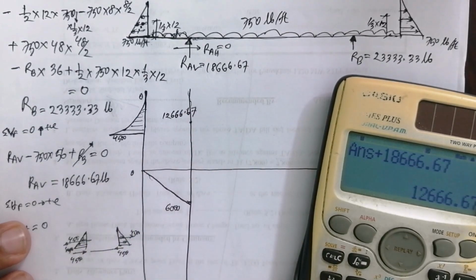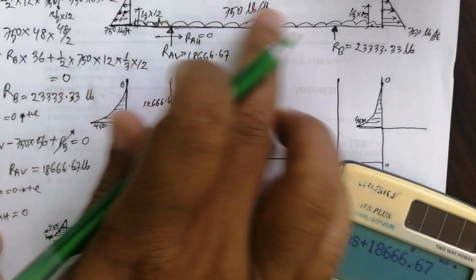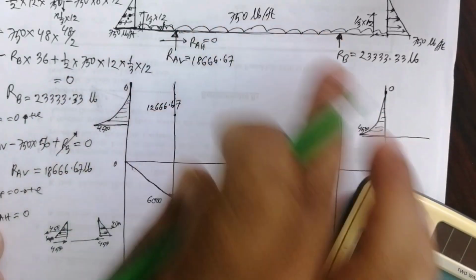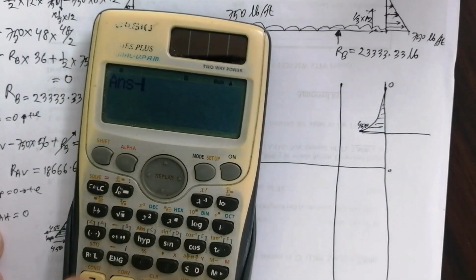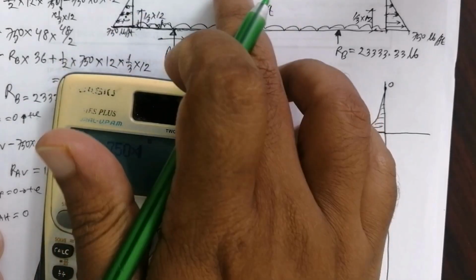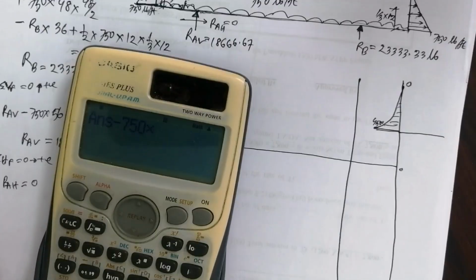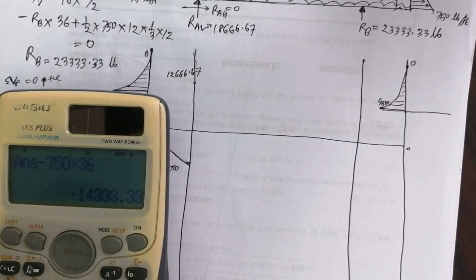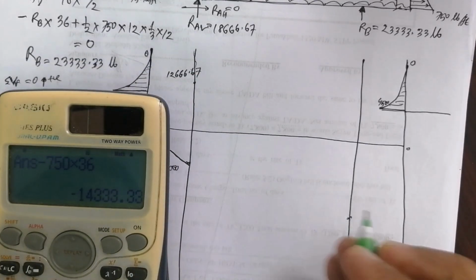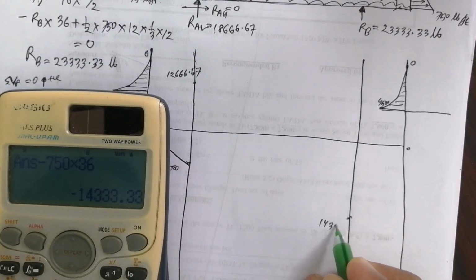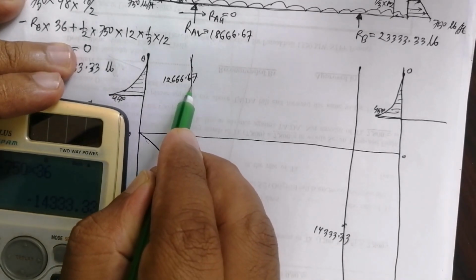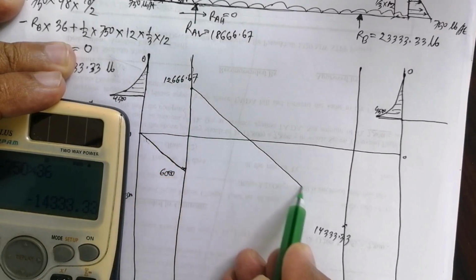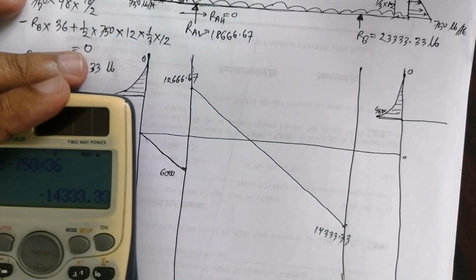12666.67. So again distributed force, this point to this point, minus 750 into the distance 36, again negative, this is this point 14333.33. So this is straight, inclined, straight.